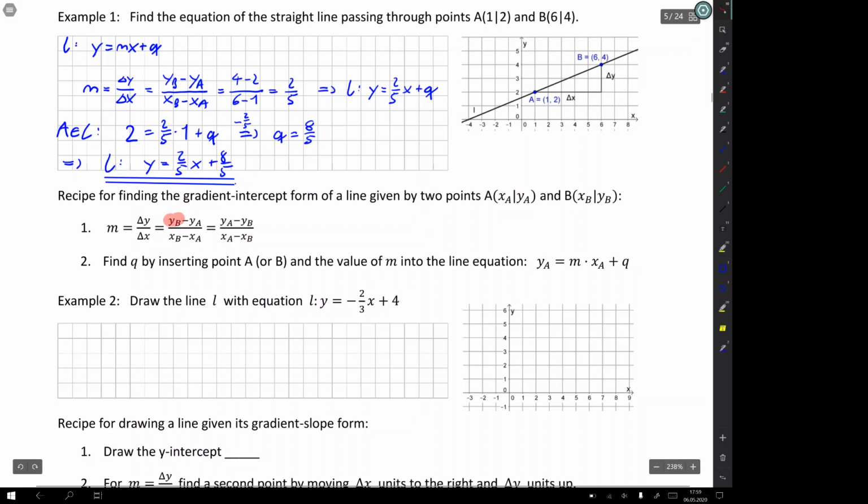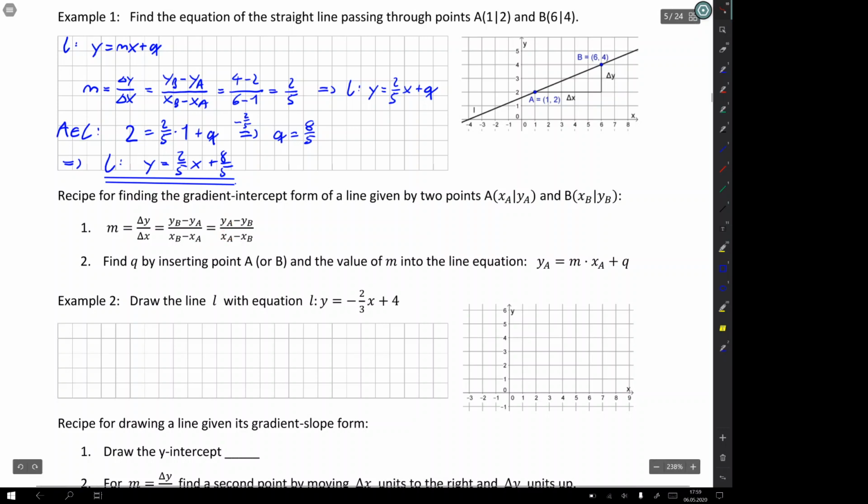The important thing is just we have to use the same order in the numerator and the denominator. Here it's b minus a, so it has to be the same here. Here it's a minus b, so here also a minus b.